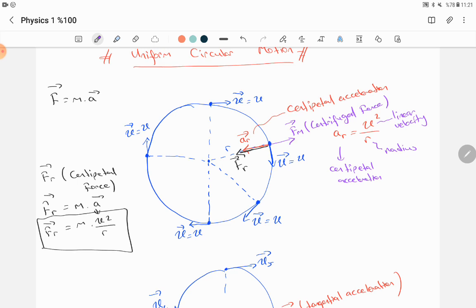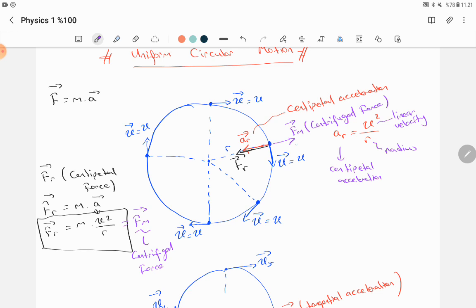The centrifugal force has an intensity equal to the centripetal force, but in the opposite direction of the centripetal force.